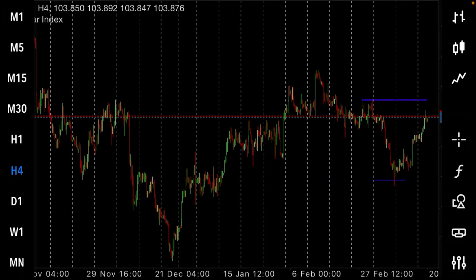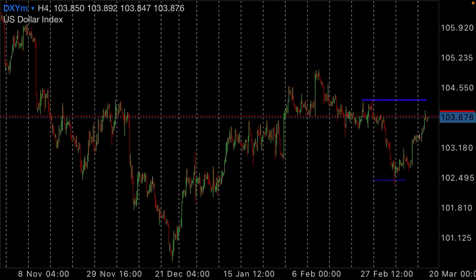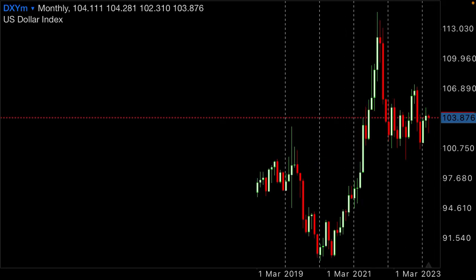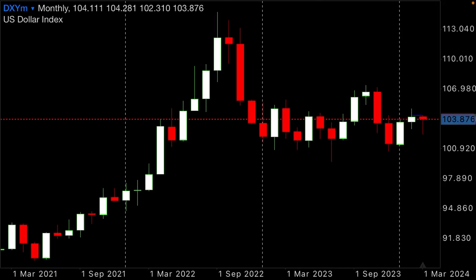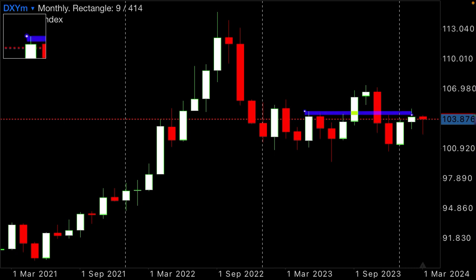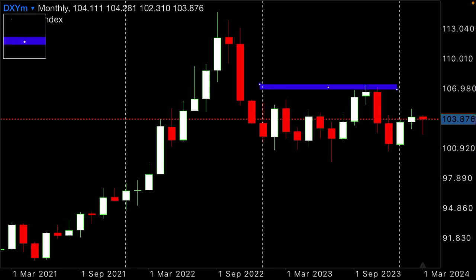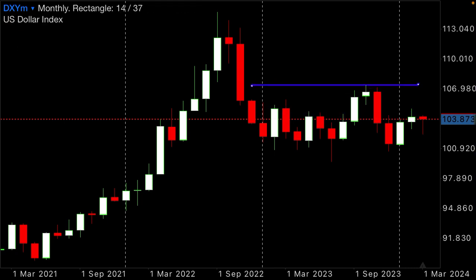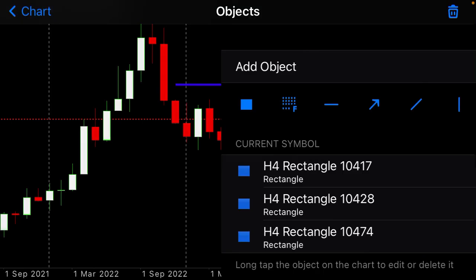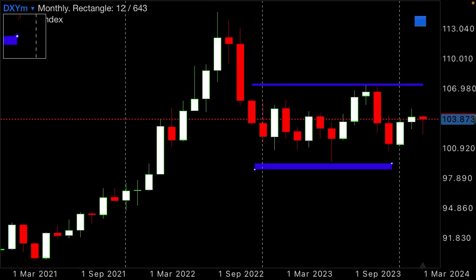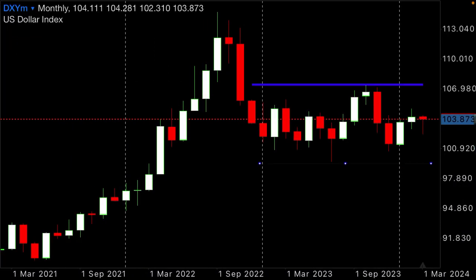What I want to also cover is the importance of previous cycles' highs and lows. Right now on the dollar, the previous cycle's highs and lows are these specific highs and lows. 2023's highs and lows are these highs and lows, right?